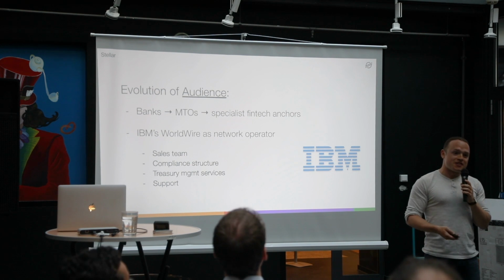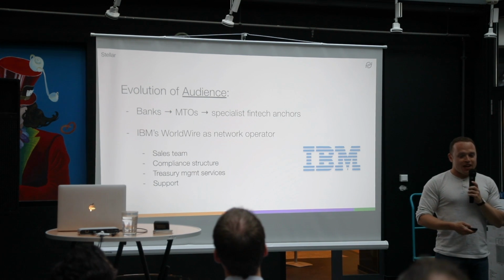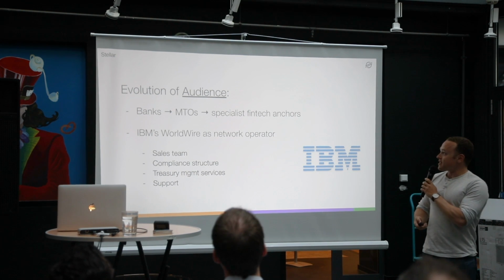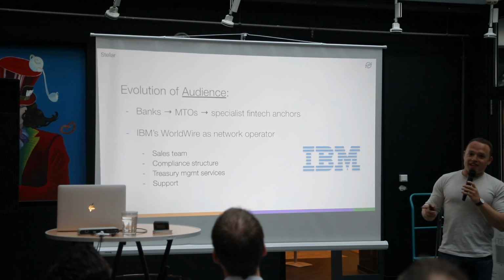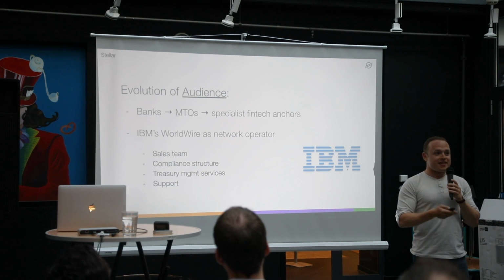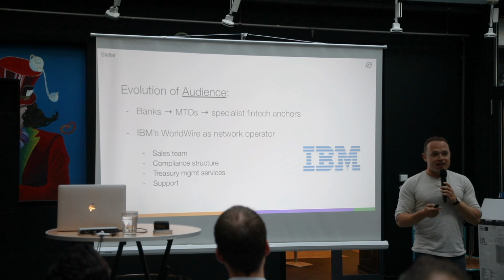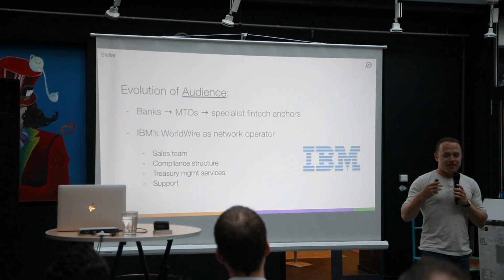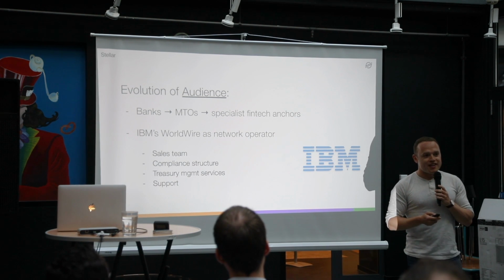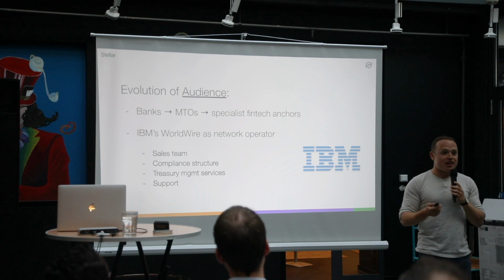And so that slows down the time of integration. And so what we found is that actually fintech companies, like a SatoshiPay, for example, are actually the best suited entities to play this anchor role.